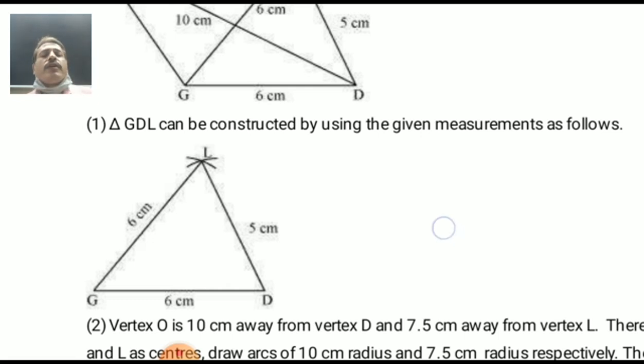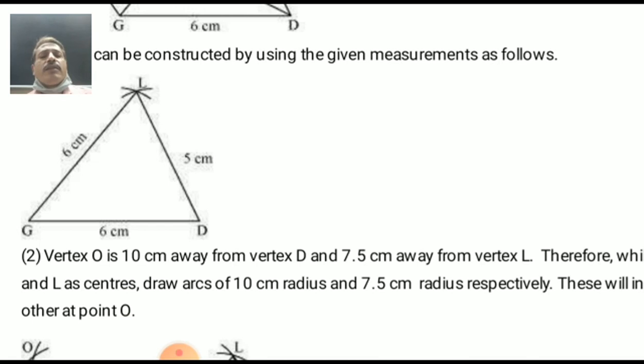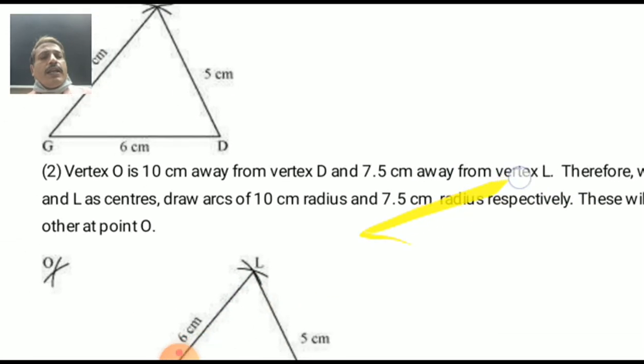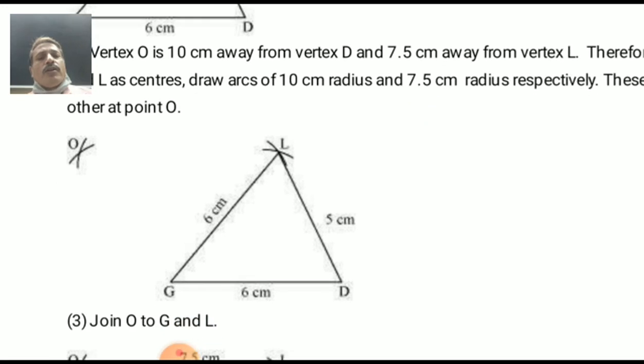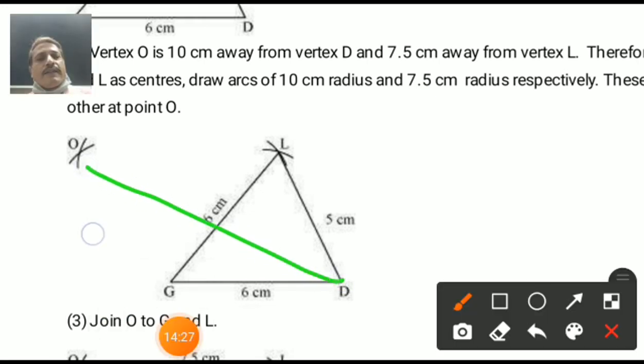Yes, my dear student, here vertex O is 10 centimeter away from D and 7.5 centimeter away from L. So one is a vertex and one is a side. Therefore, taking D and L as centers, draw arcs of 10 centimeter and 7.5 centimeter respectively, which cut at point O. I want to show you how it came: from here to here is 10 centimeter and from here to here is 7.5 centimeter.